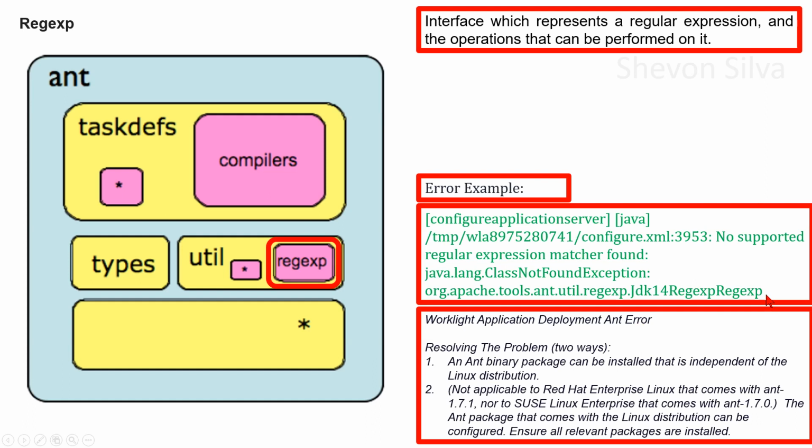The other way is not applicable to Red Hat Enterprise Linux that comes with Ant 1.7.1, nor to SUSE Linux Enterprise that comes with Ant 1.7.0. The Ant package that comes with the Linux distribution can be configured. Ensure all relevant packages are installed.